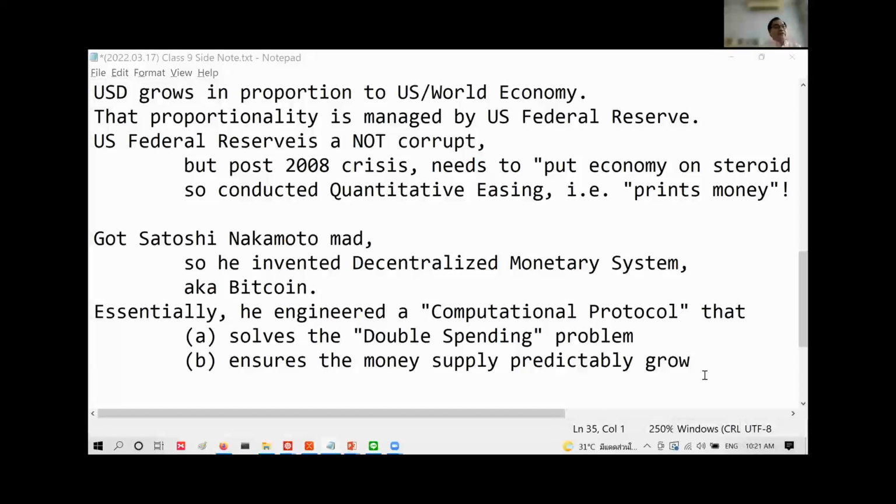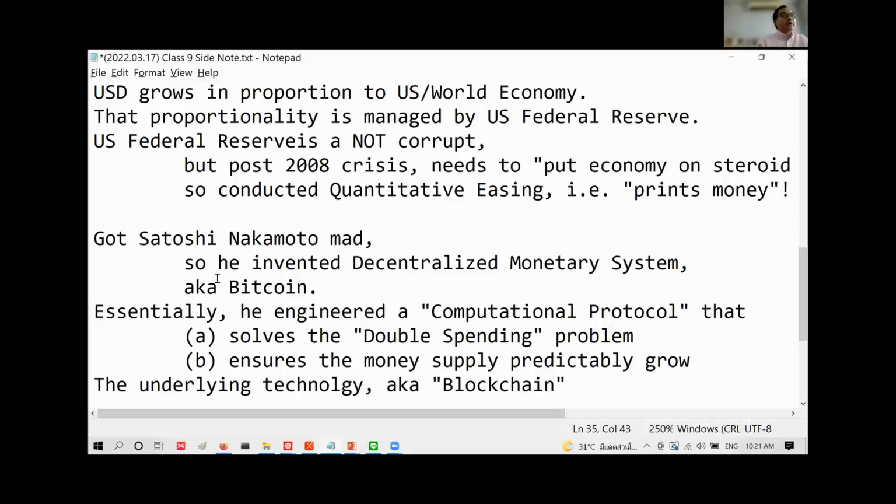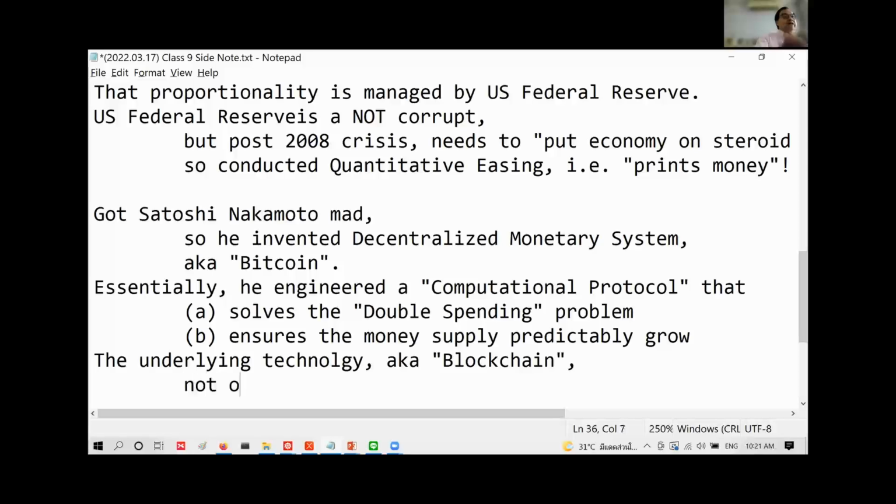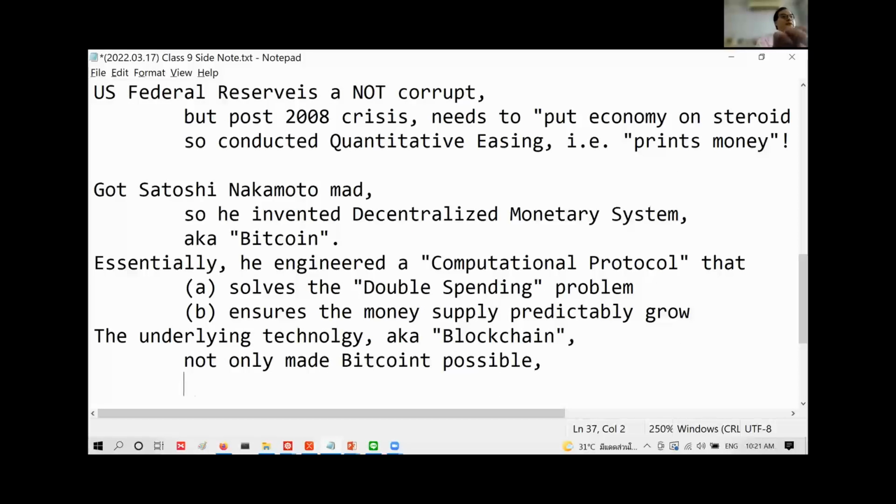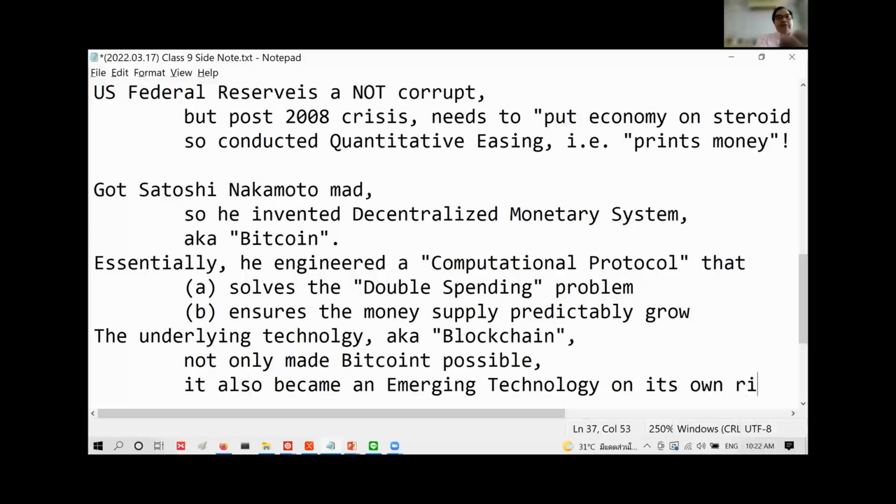And this is actually very, very interesting. Now, I don't want to explain how Bitcoin works just to get you to understand Bitcoin, but because the underlying technology, aka blockchain, not only made Bitcoin possible, it also became an emerging technology in its own right.